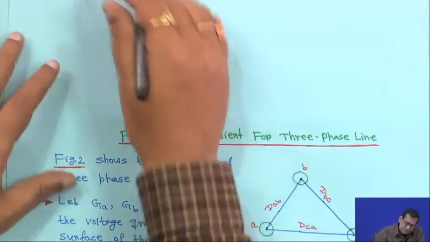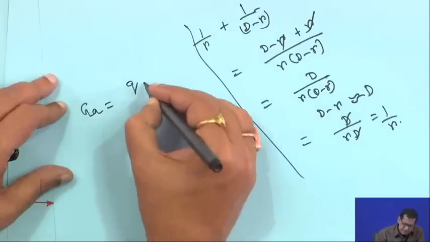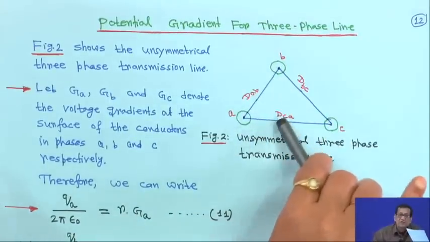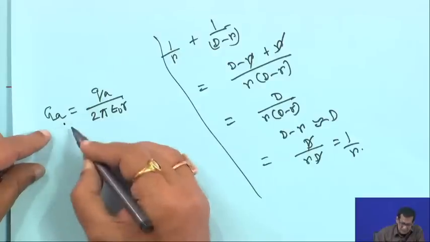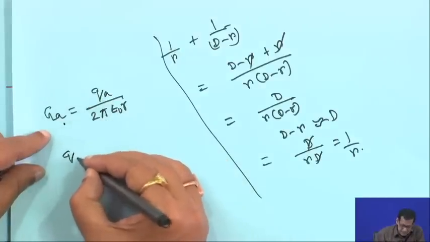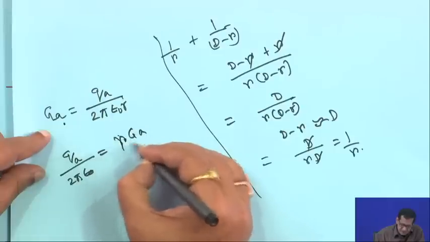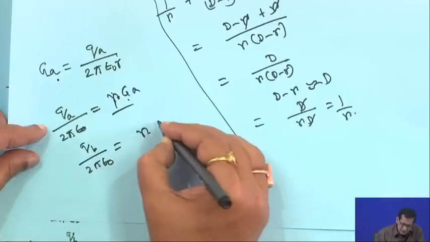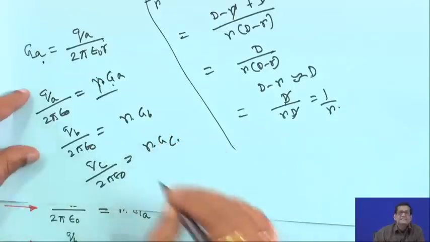Basically, you know that for phase A, GA is equal to QA divided by 2 pi epsilon 0 R. We are assuming that the radius of all 3 conductors A, B, C is the same, R. That means we can write QA divided by 2 pi epsilon 0 is equal to R into GA. Similarly, QB upon 2 pi epsilon 0 is equal to R into GB. Similarly, QC upon 2 pi epsilon 0 is equal to R into GC, right.